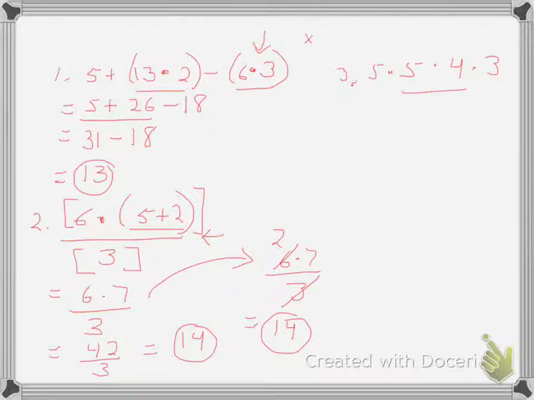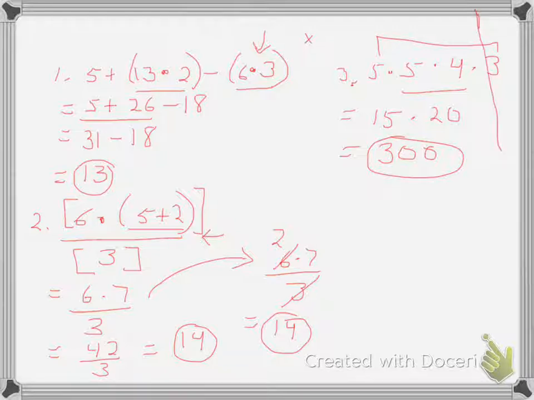Well, let's just do it that way, okay? So I'm going to multiply it in that order. This would become 15 times 20. 2 times 15 is 30 with the extra 0, and that's 300. And the point here is that there are easier ways to multiply by looking at your order.